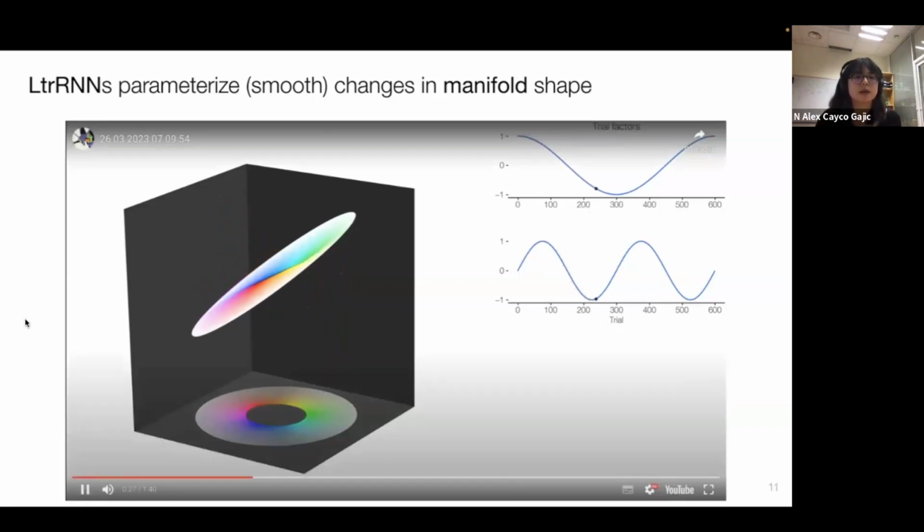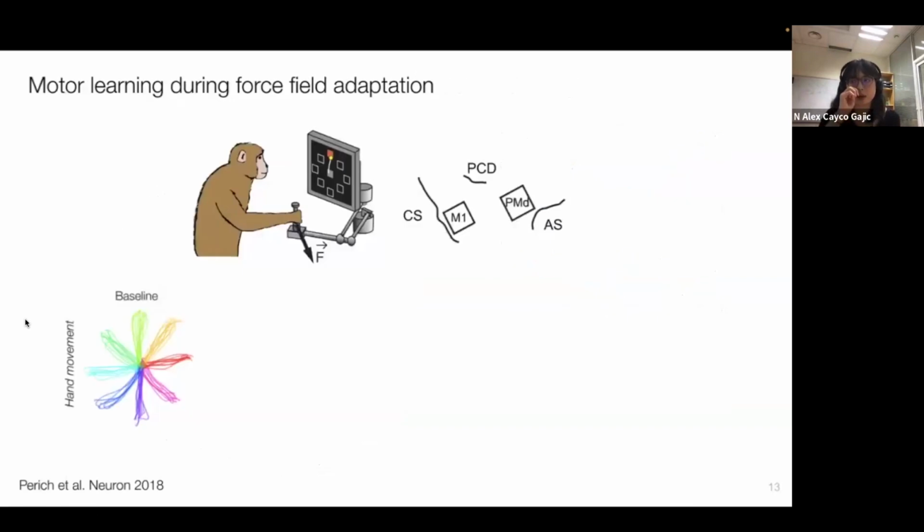Okay, so let's see. I'm going to wrap up by showing a couple examples from the same motor learning paradigm. So this is data from Matt Parrish, where there is a monkey that is learning to move a joystick towards a position on the screen. He's controlling the cursor. And here's the baseline.